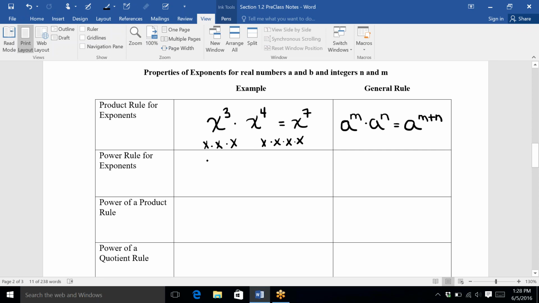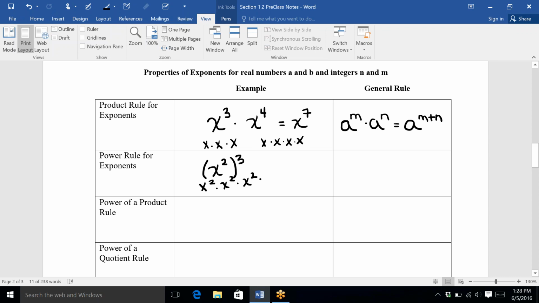The next rule that we have looks like this. x to the second power raised to, let's say, the third. Okay? We have x squared being cubed. If we want to write that out, that would be x squared times x squared times x squared. We would write it 3 times because we're cubing this. Then you see that it's an application of the first power that we just had.